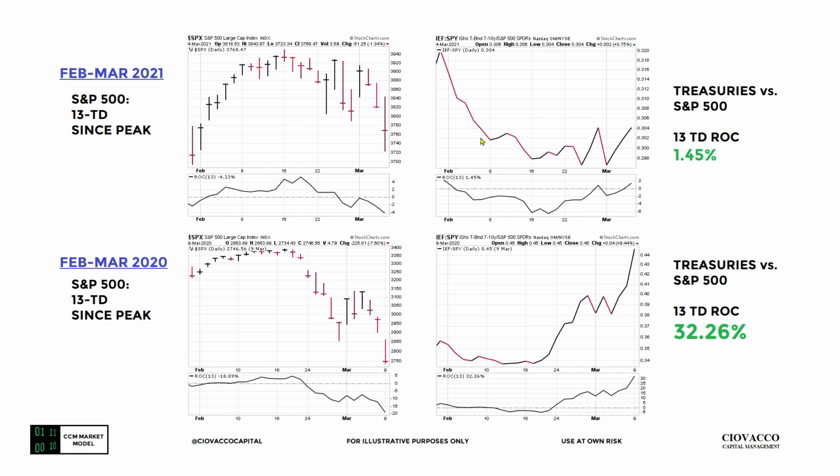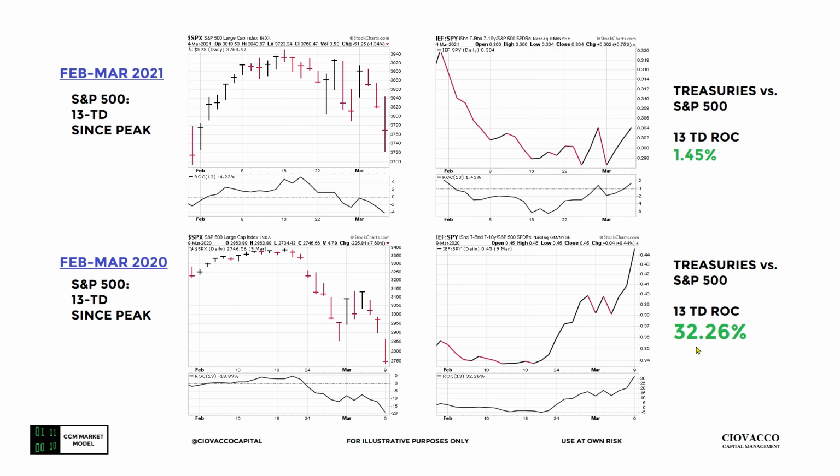And over those 13 trading days, IEF has outperformed SPY by 1.45%, which tells us something about economic fear. If we look at the same situation, 13 trading days from the peak in February of 2020, the rate of change over those 13 days, IEF relative to SPY, blew this figure out of the water.